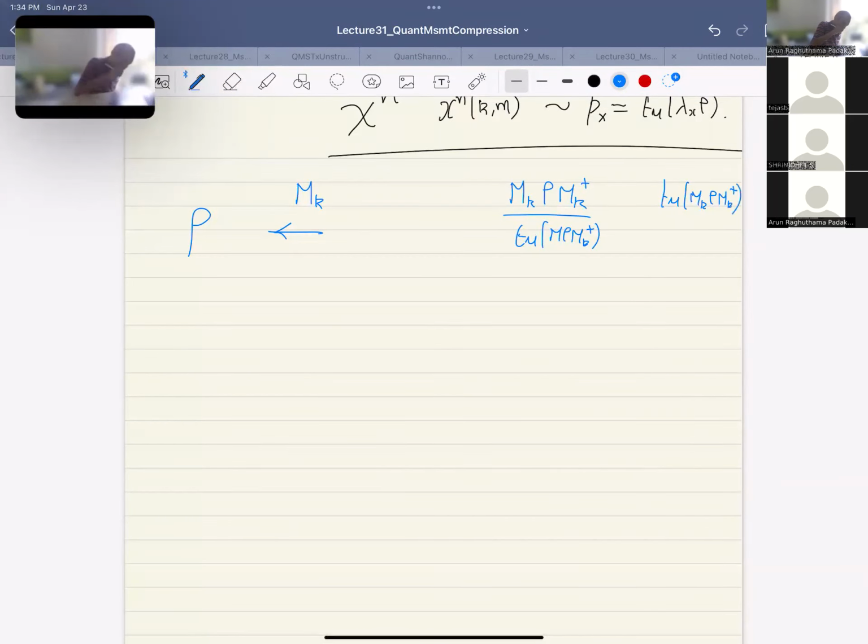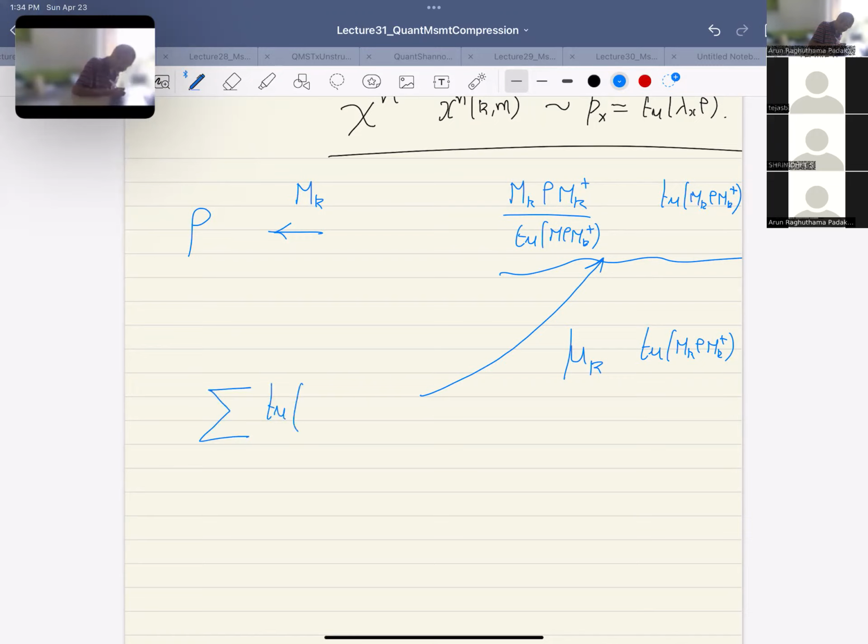So what is the post measurement state? It is a mixture of this ensemble, like your mu_k ensemble, with probability distribution trace M_k rho M_k dagger. That's your probability distribution.